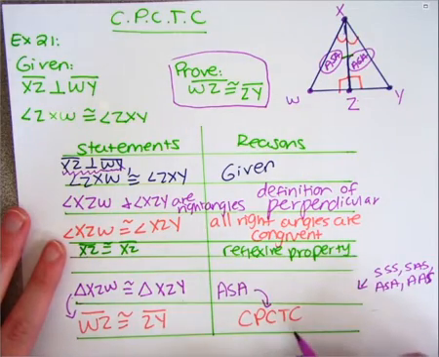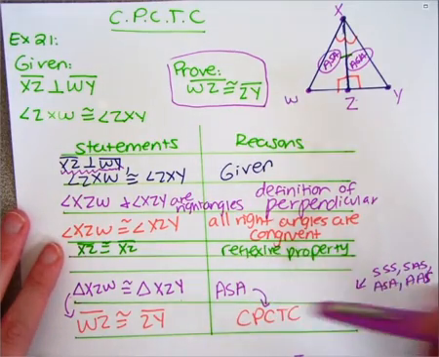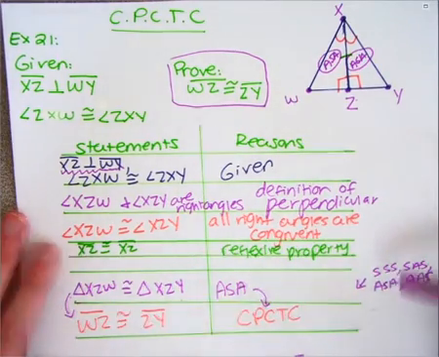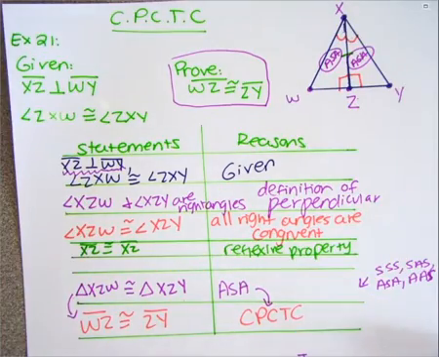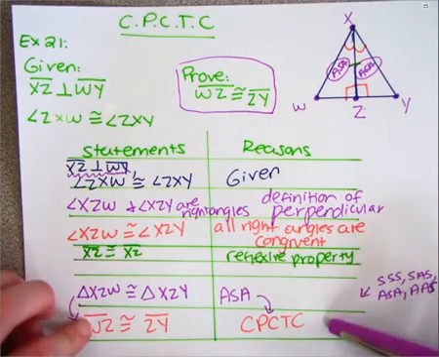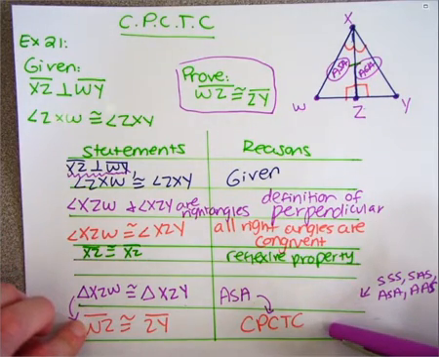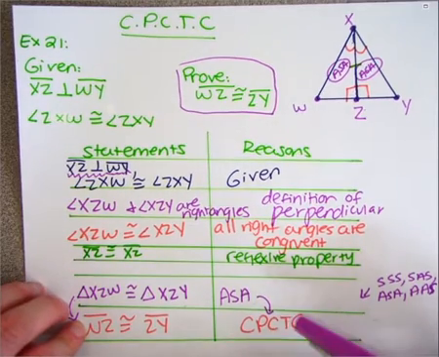And that reason is always CPCTC. Always. Corresponding parts of congruent triangles are congruent. So that's the flow of how these proofs will go. We're going to prove triangles are congruent, which means every other angle inside that I did not originally mark congruent has to be congruent by CPCTC.